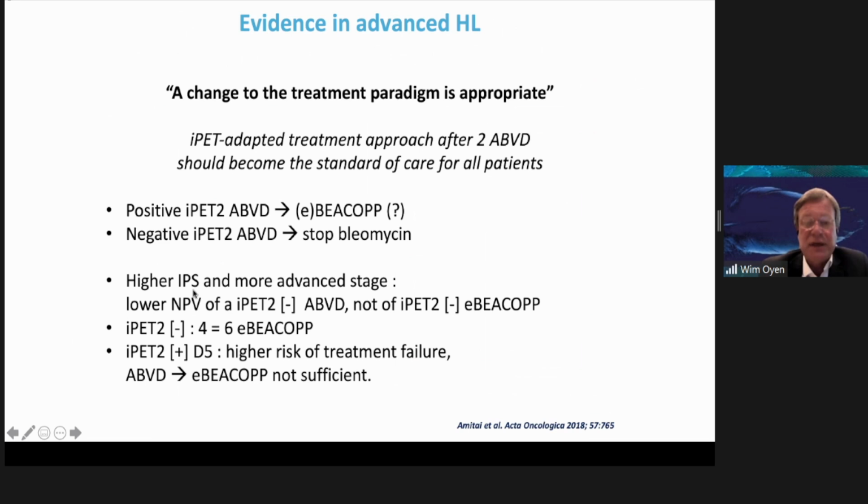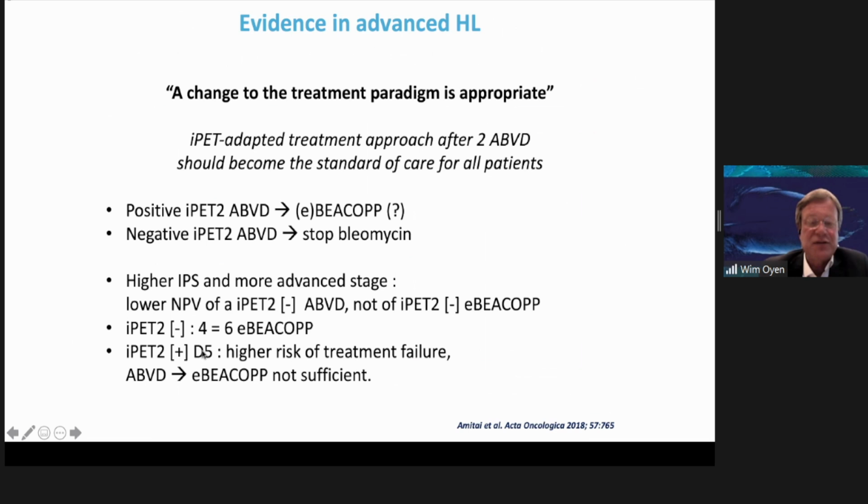In patients with a higher international prognostic score and more advanced stages, we have to be aware that the negative predictive value for ABVD may be lower. It's not the case for the interim PET when using escalated BCOP.